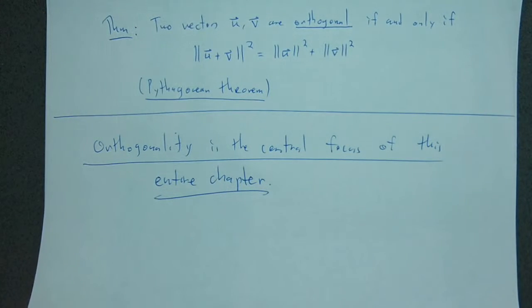So vectors being perpendicular to each other, or orthogonal to each other, is an extremely important geometric configuration because it has really, really nice properties. The easiest way for me to explain this to you is to think about R3, think about the standard basis vectors in R3.